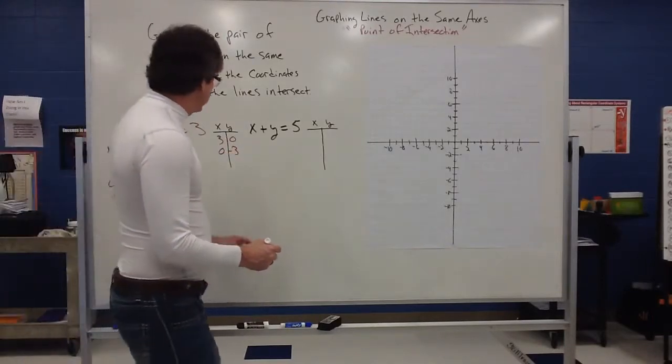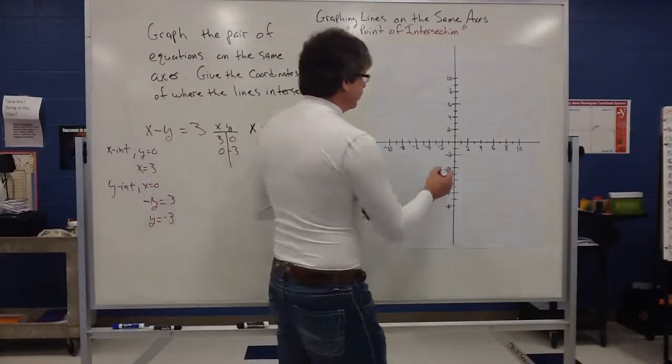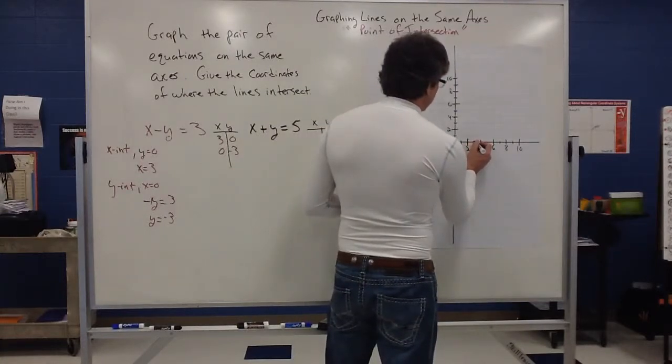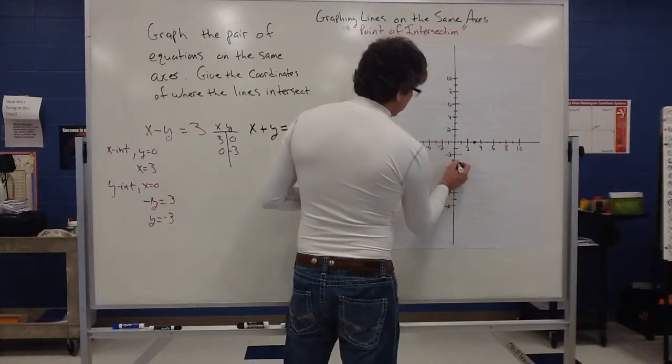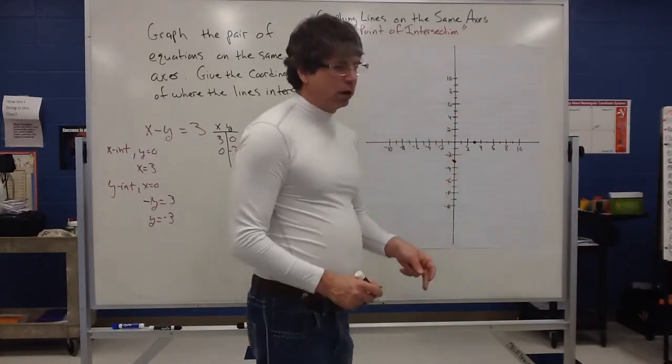So on my graph, I'm going to graph this line. 3, 0 is the x-intercept, and 0, negative 3 is my y-intercept. And I'm going to graph that line.